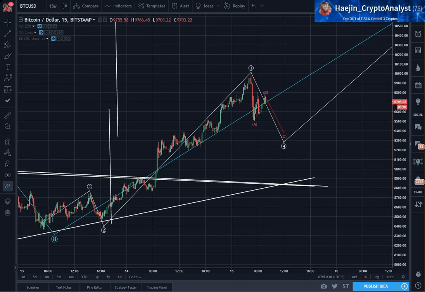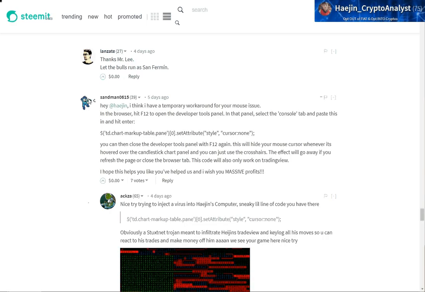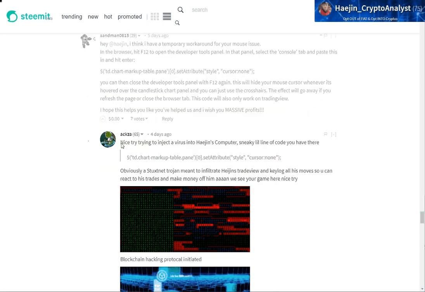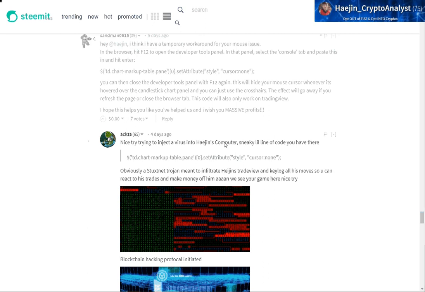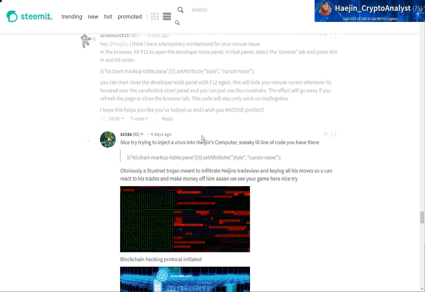I just noticed something. My mouse is working fine on TradingView, and I didn't do anything different. Which reminds me of the following. When you have an SOB like this guy telling me to install this in the guise of saying it'll fix my mouse problem, with the helpful input from SCKZA saying that this is a Stuxnet Trojan. I mean, look, if you got any steam power, use it.